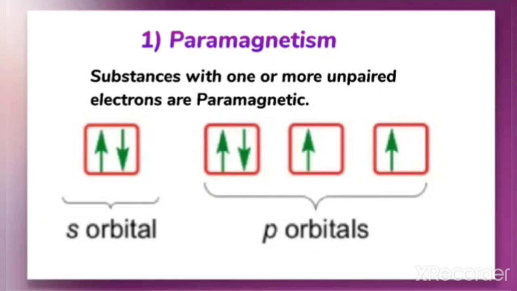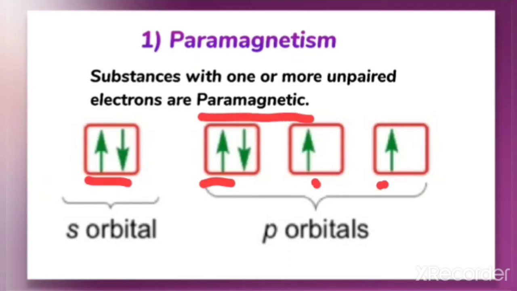When we make the orbital diagram, the total number of electrons is 6. Two of these electrons are paired, and here two unpaired electrons are present. So the substances having one or more unpaired electrons are called paramagnetic.